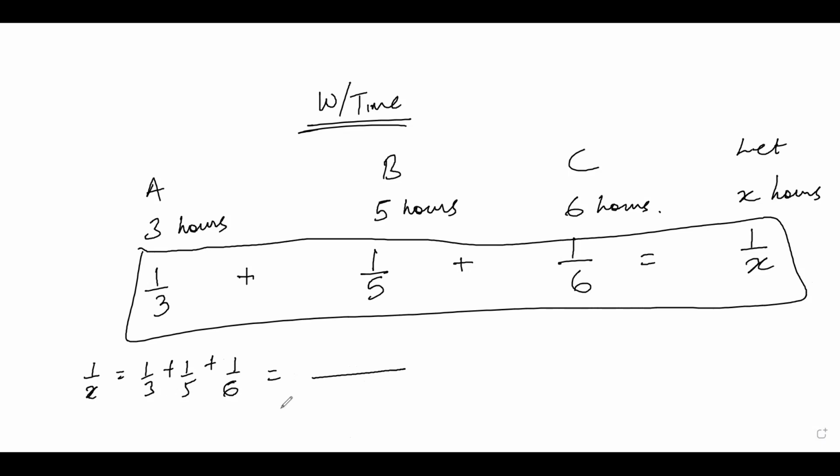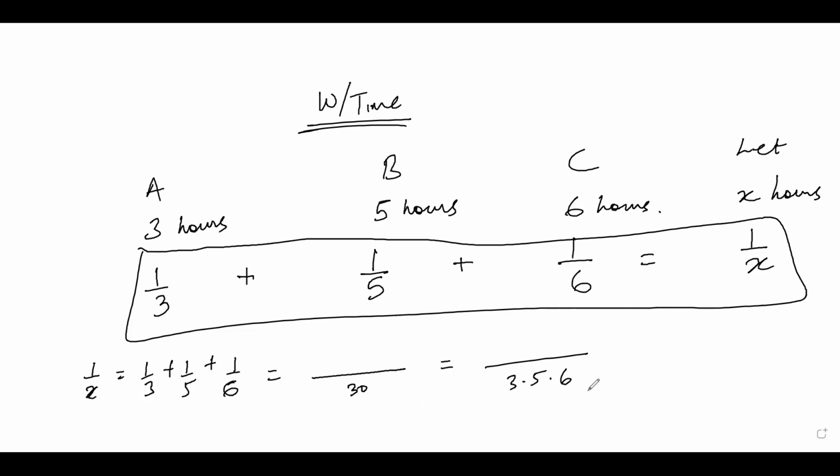If we take the least common multiple of 3, 5, and 6, it is 30. And this 30, I can express in this fashion also: 3 into 5 into 6, 15, 6 are 90. So this 30 is the least common multiple.